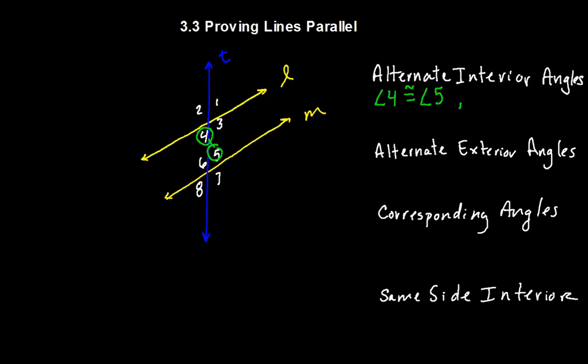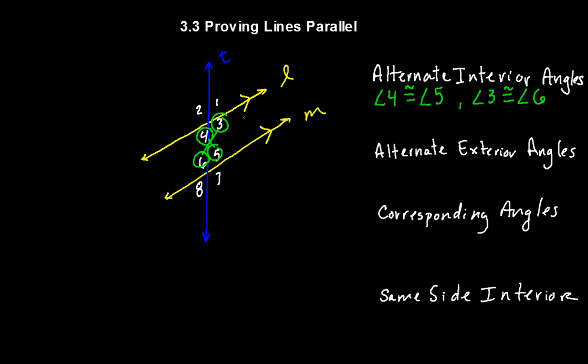Also we would say that angle 3 and 6 are also alternate interior, and those are also equal or congruent. But under one condition: those angles are equal only when the lines L and M are parallel, and you would know that because they give you a symbol like this.